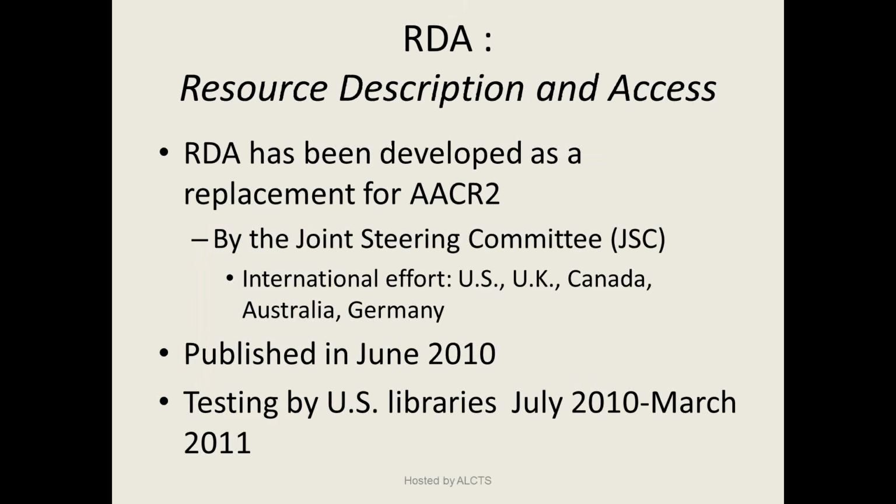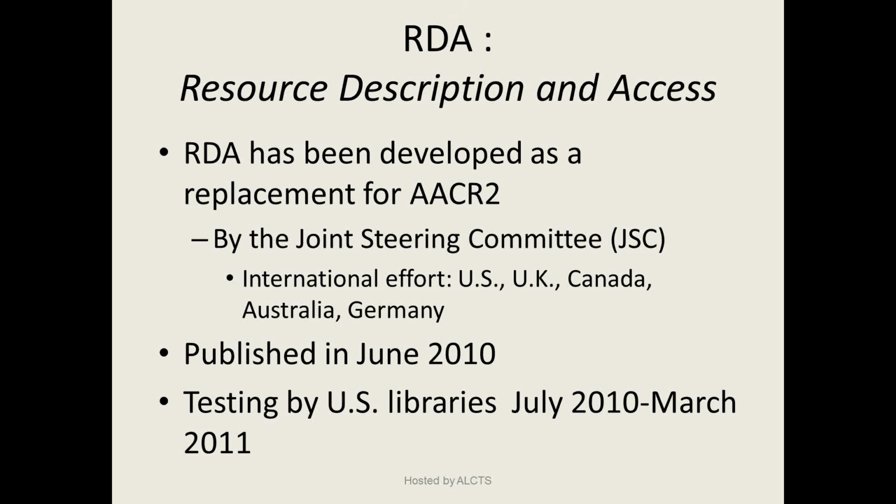RDA has been developed as a replacement for AACR2, Anglo-American Cataloguing Rules. It was developed by the Joint Steering Committee, or JSC, which also maintained AACR2. This is an international effort involving the US, the UK, Canada, Australia, and now Germany.